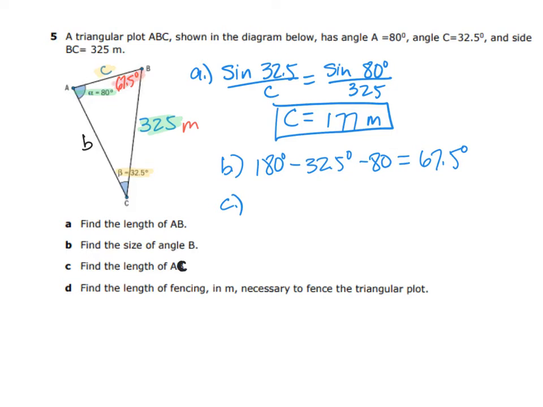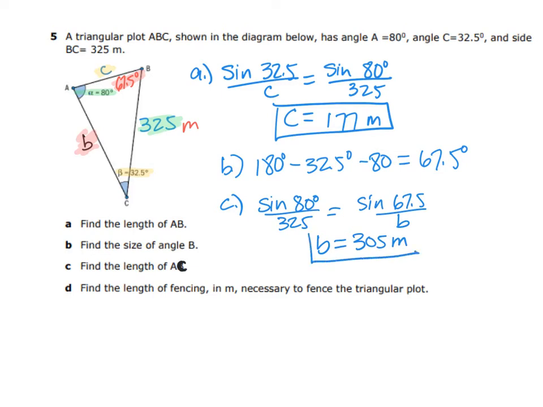So this over this. Sorry about that. Let me get a pen. Okay, the sine of 80 degrees over 325 is equal to, now let's look at the red, sine of 67.5 degrees over b, which is what we're looking for. Cross multiply and divide to 3 significant figures. We're going to get that b is 305 meters.